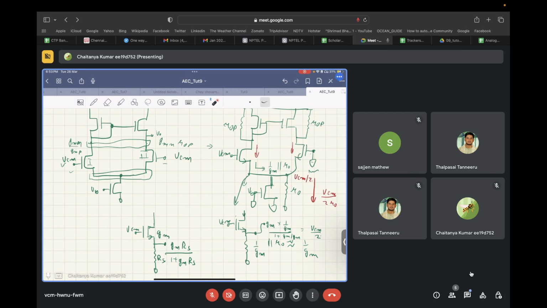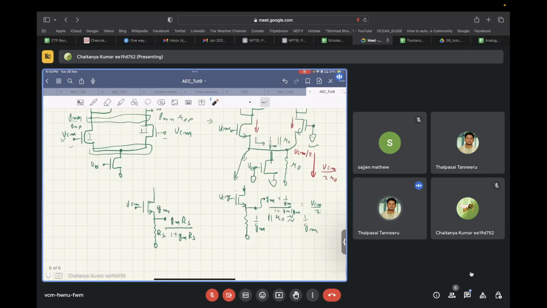You understand? So for one half of the circuit, VCM out 1 will be equal to VCM by 2 R naught times ROP.